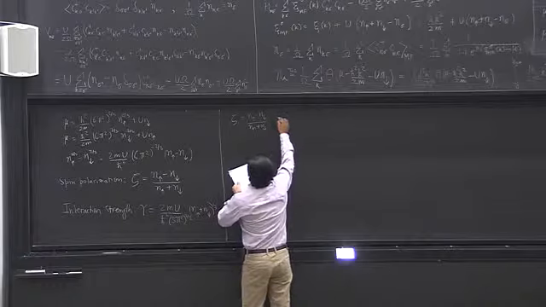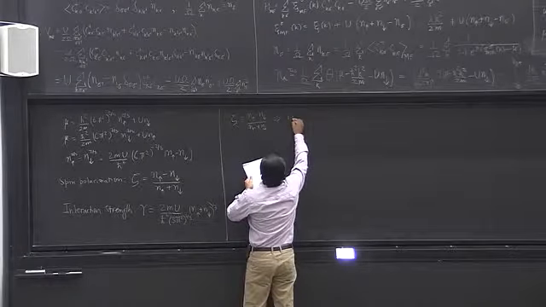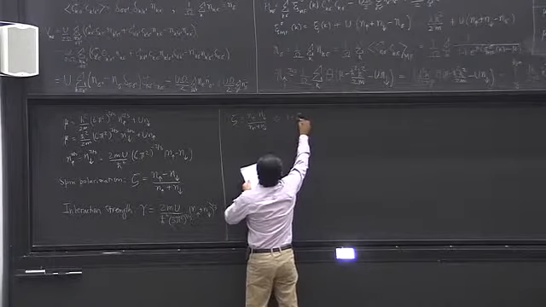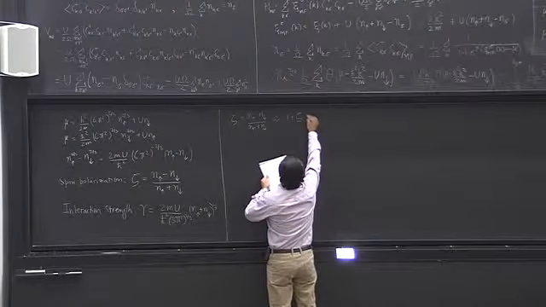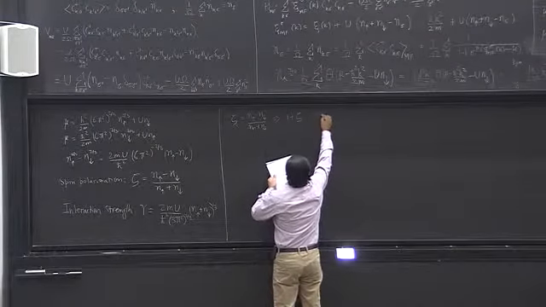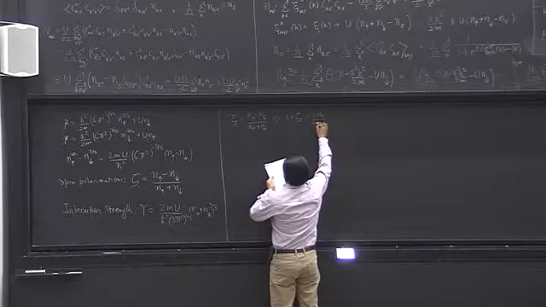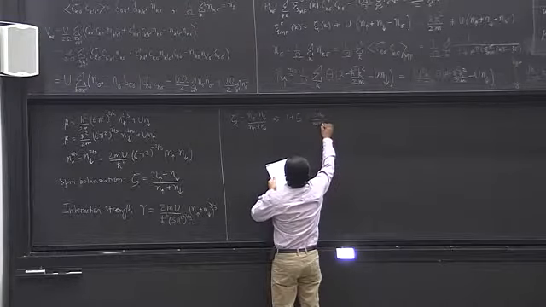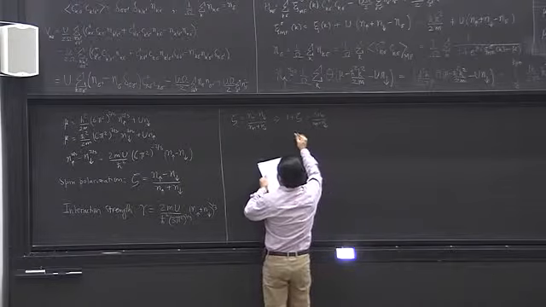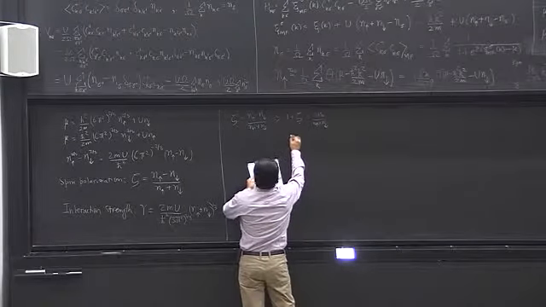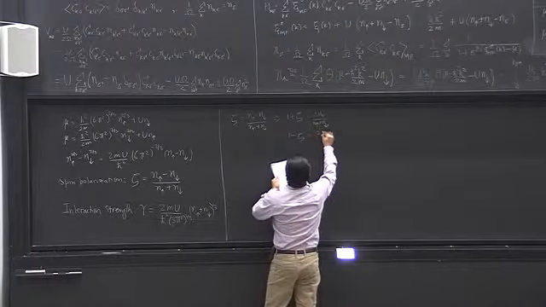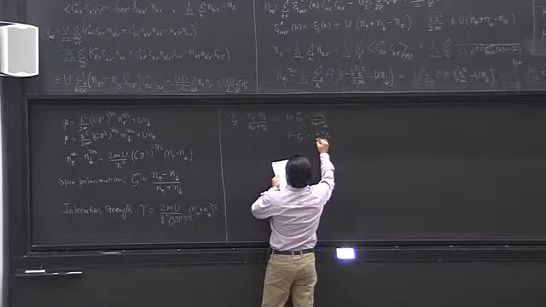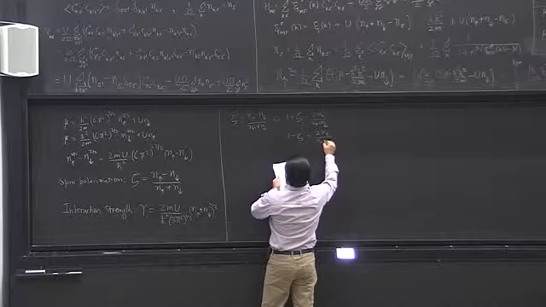That implies you can think of 1 plus zeta. You can show that this is equal to 2n up over n up plus n down. And similarly, 1 minus zeta will be 2n down over n up plus n down.